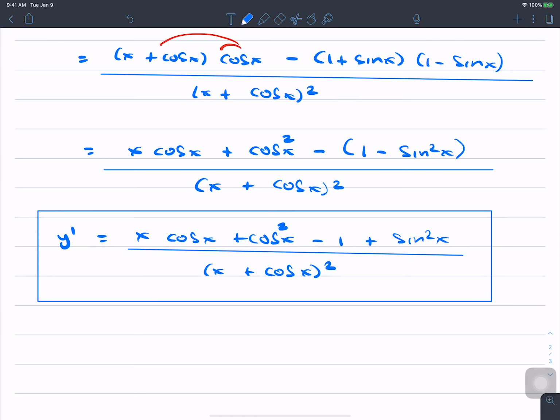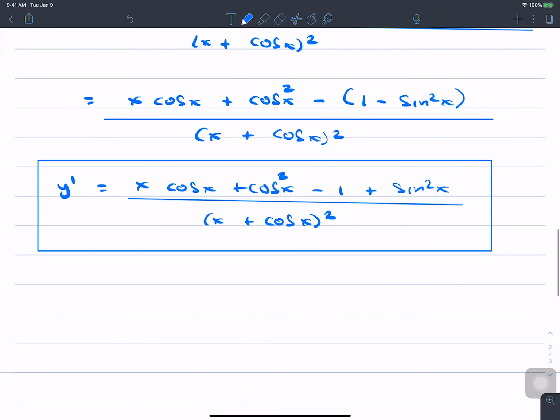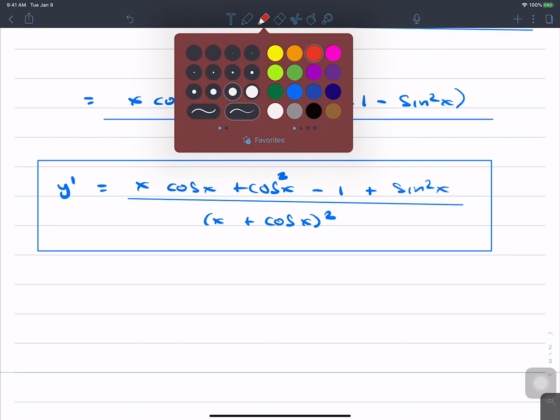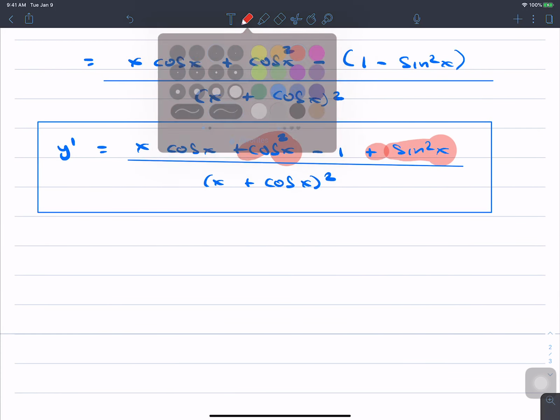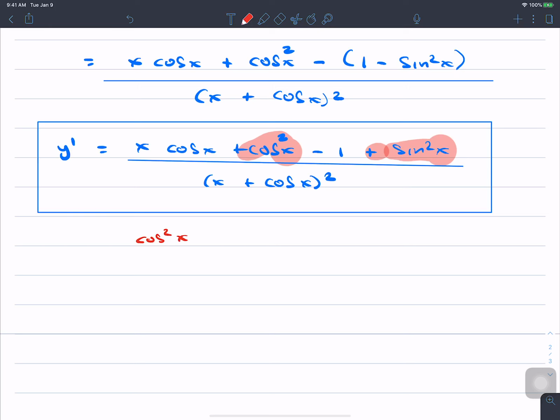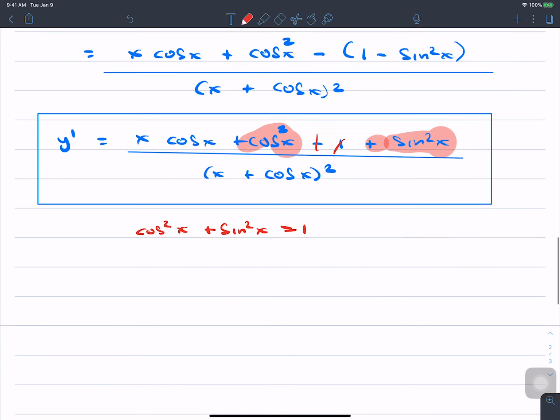If you guys remember, cosine squared plus sine squared is actually 1. Okay, so you have these two terms. We have cosine squared plus sine squared is 1, Pythagorean identity, and that's going to cancel with this minus 1.